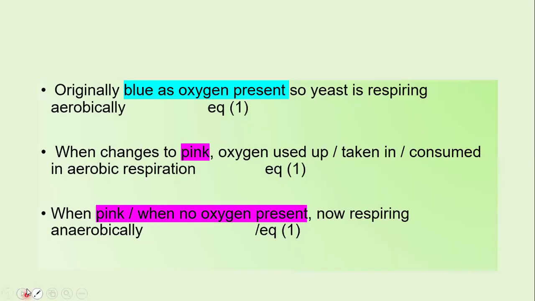You can write: originally blue, as oxygen is present, so it is respiring aerobically. When it changes to pink, oxygen is taken up or consumed by aerobic respiration. When dicing green is pink, you know there is no oxygen present, so now it is going to respire anaerobically. So you have to explain this.